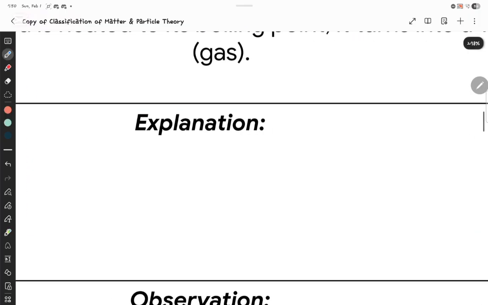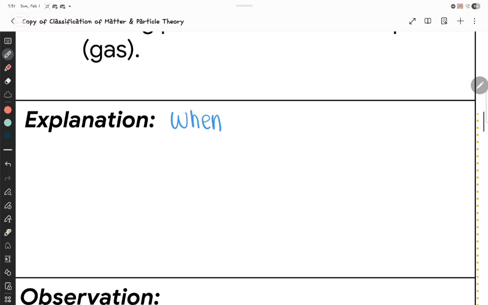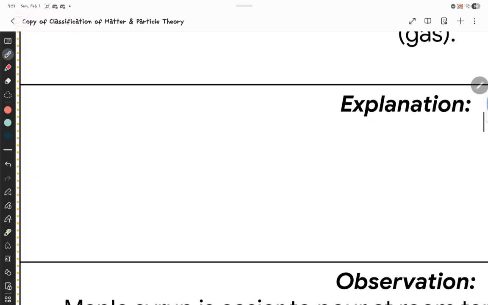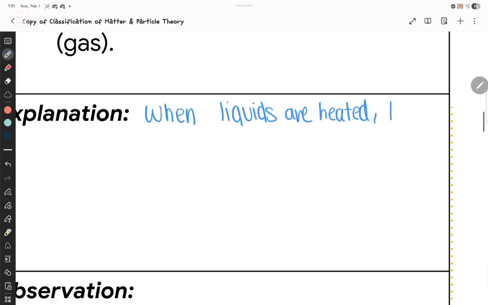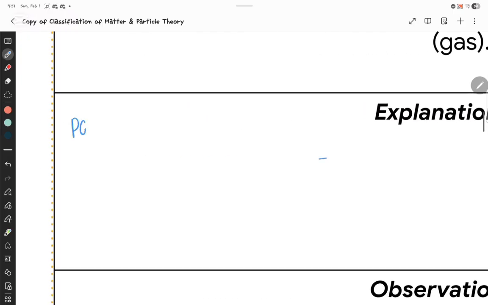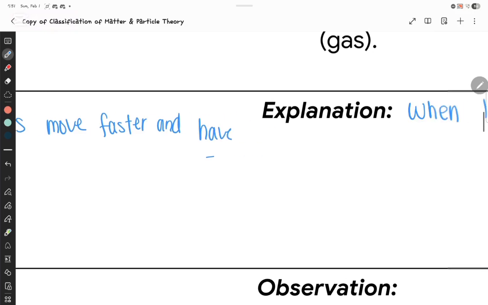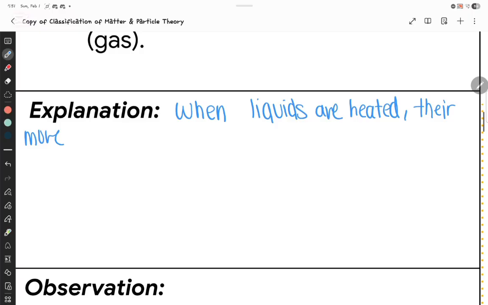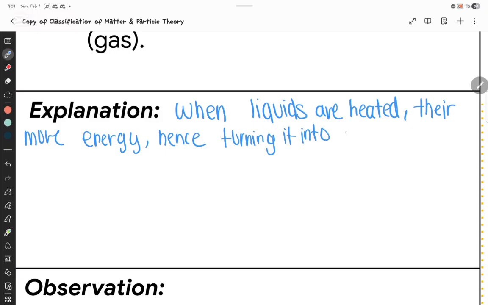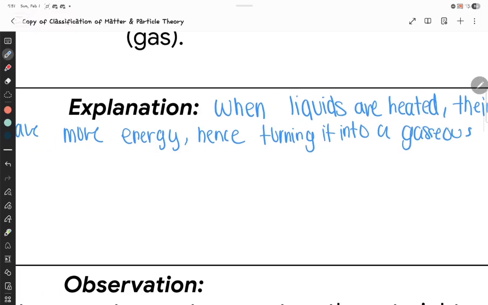So an explanation for this is that when liquids are heated, their particles move faster and have more energy, hence turning it into a gaseous state.